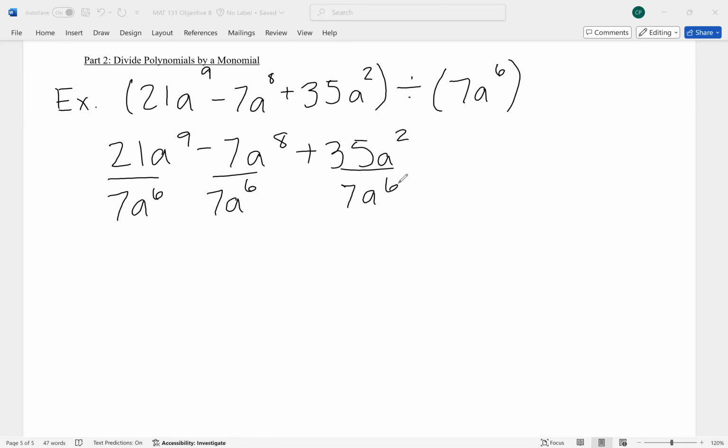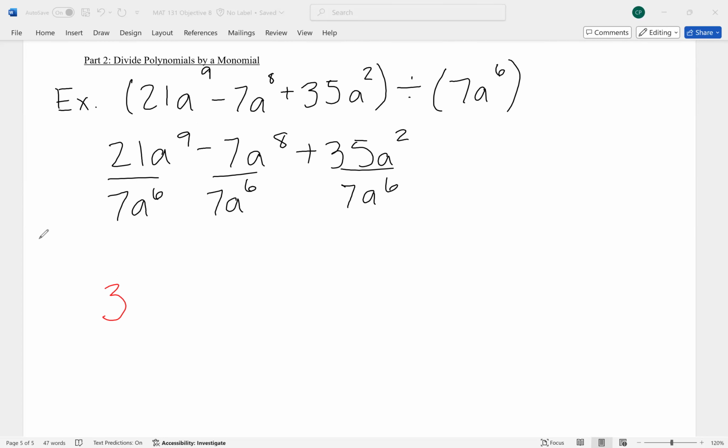So let's look at this first one. And let's do red this time. So we got 21 over 7. 21 over 7 is going to be 3. Then we have a to the 9th over a to the 6th.